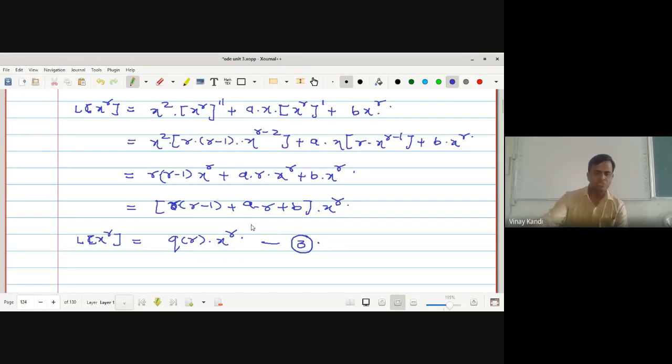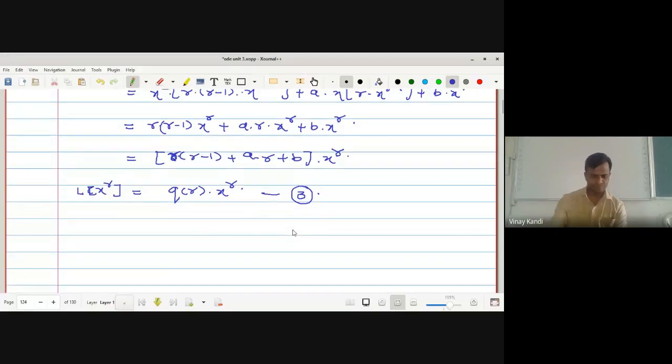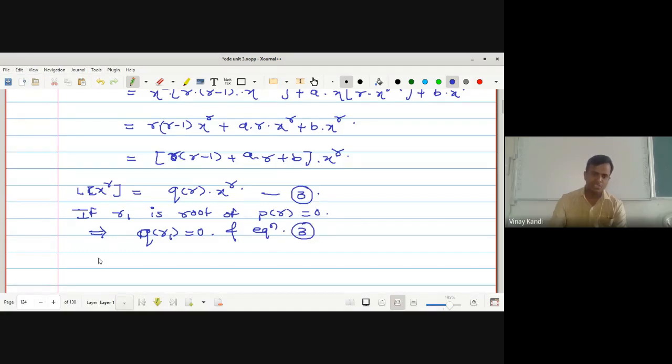Okay, suppose r1 is a root of q of r equal to 0. That implies that q of r1 is equal to 0, and equation 3 becomes L of x raised to r1 is equal to q of r1 into x raised to r1, which is equal to, q of r1 is what? 0.